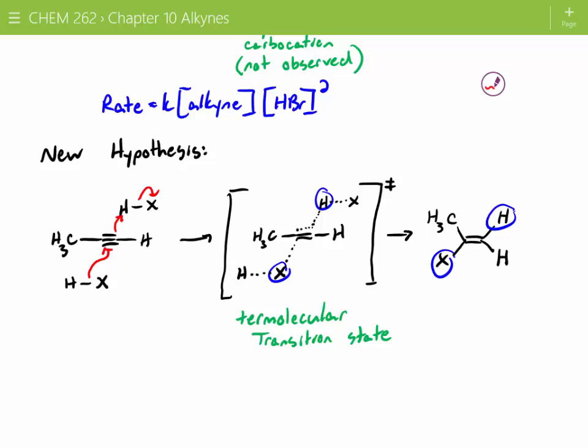This bottom equivalent of acid transfers this halide. The top equivalent of acid transfers this proton. And then they're added in that anti-fashion. So that bottom halide adds to one of those carbons. The proton adds to the other carbon. And then you get anti-addition of your halide and your hydrogen.